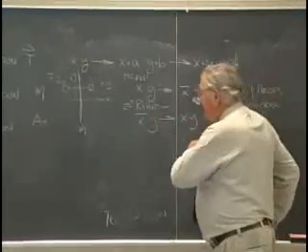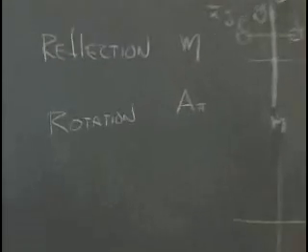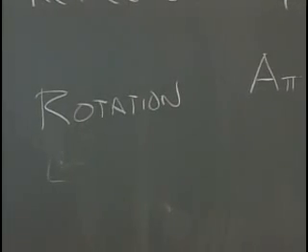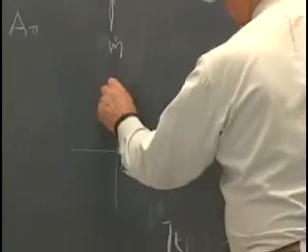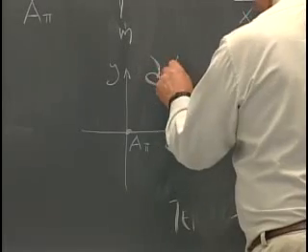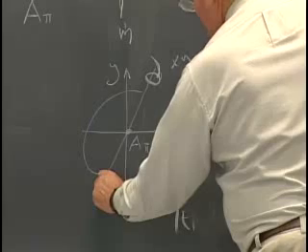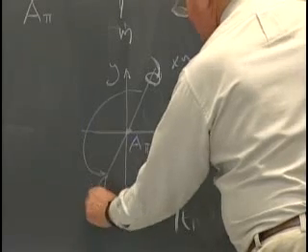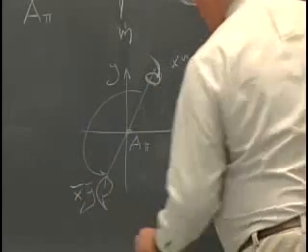Then we saw in the patterns an example of one other transformation. Let's suppose there was an operation a pi at the origin, and this was x, and this was y. We started out with a motif here at x, y. If we rotated that by 180 degrees, it would go down to a location minus x, minus y.